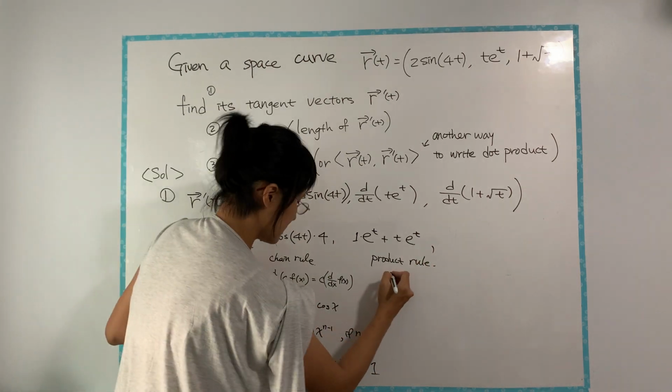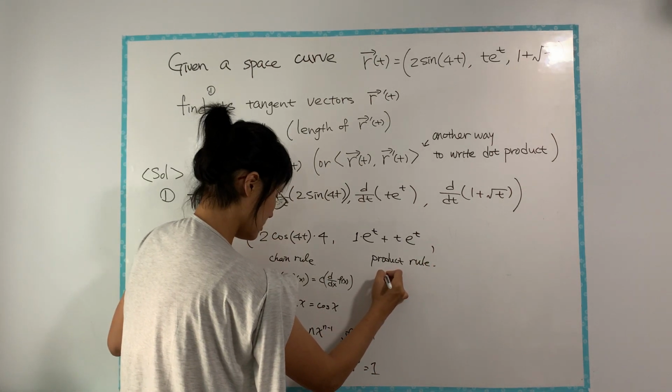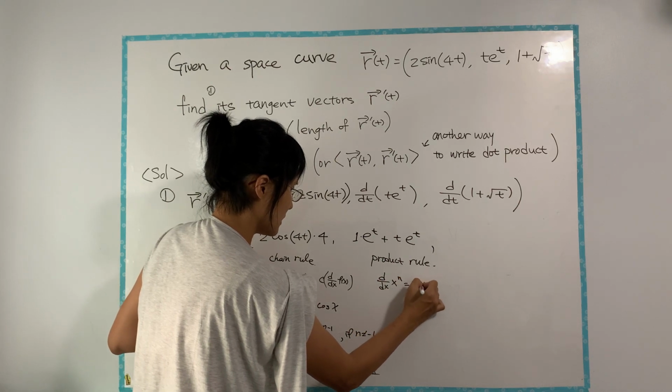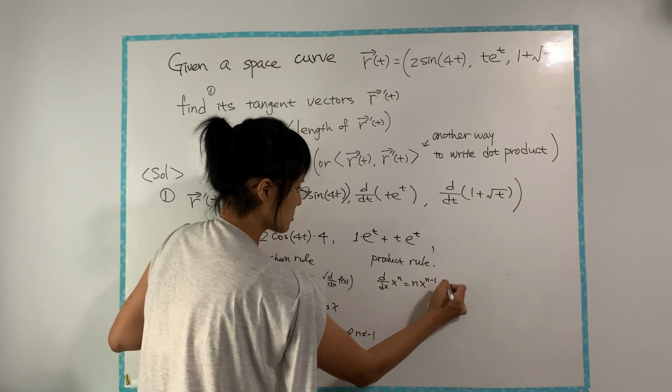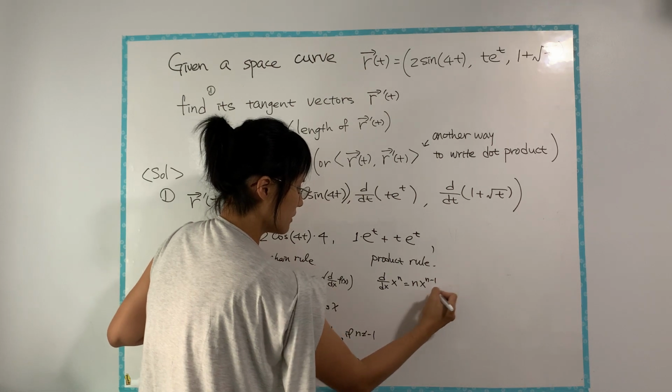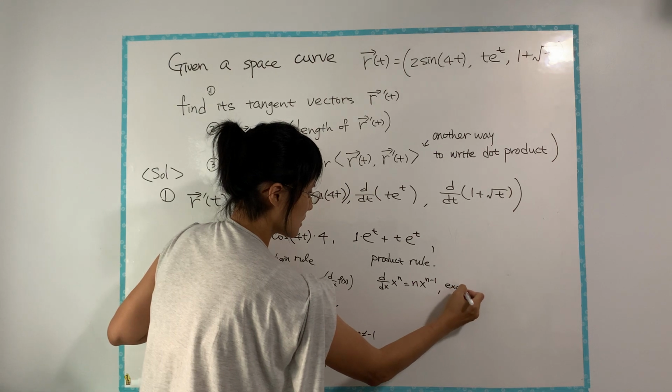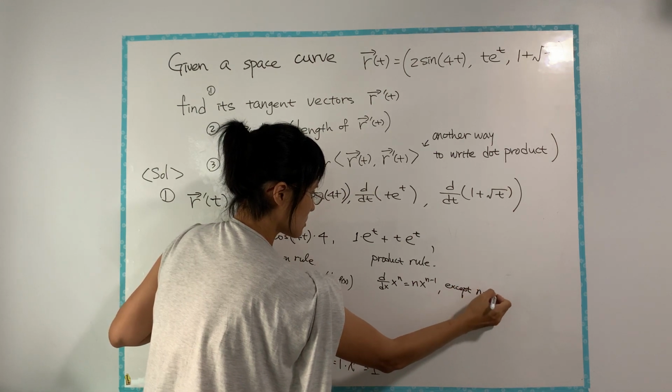And I applied again the power rule, d/dx of x to the power n is equal to n times x to the power n minus 1. This rule is true for any n except the case when n equals minus 1.